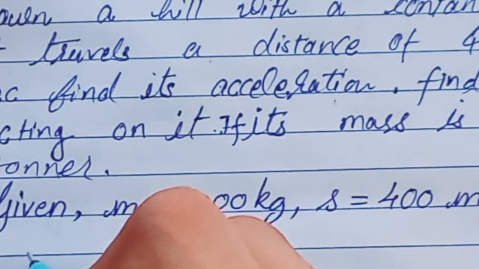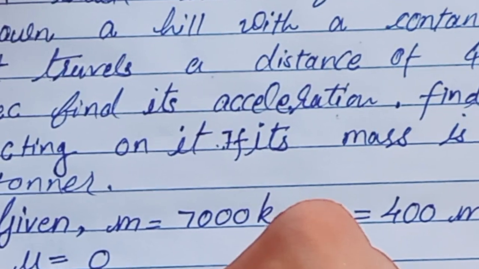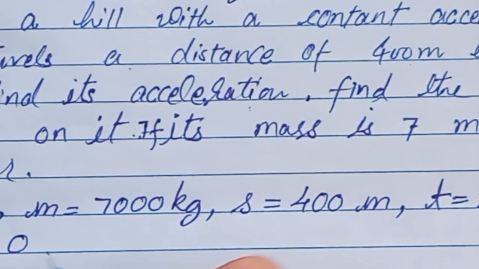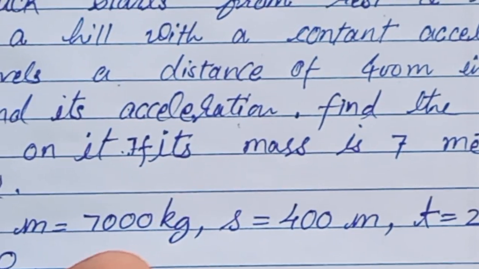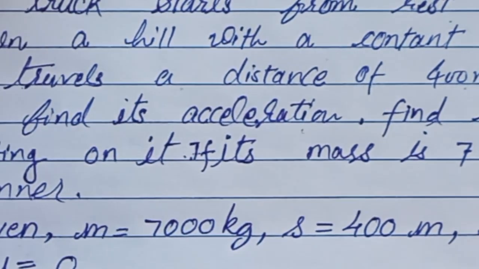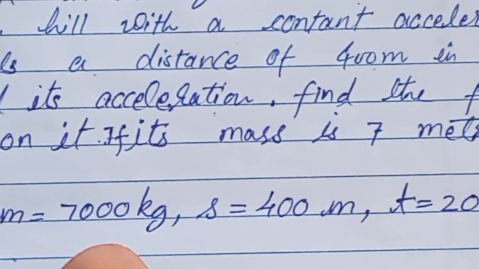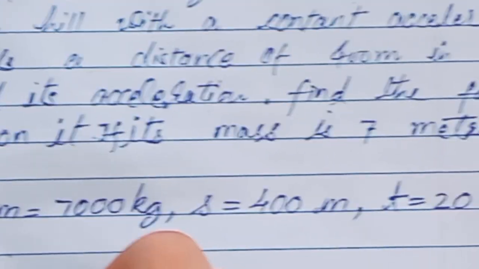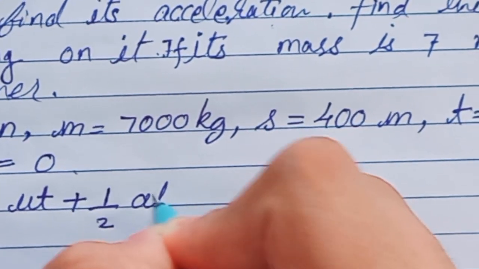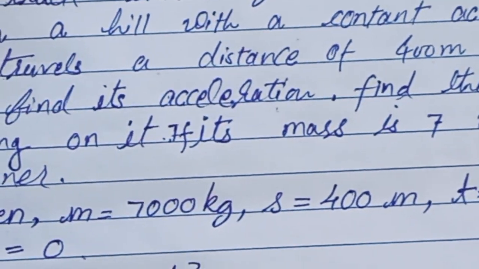Here we can take the initial velocity to be 0. Now we can find the acceleration. We can apply the formula s = ut + ½at². This is the formula we can apply to find acceleration.